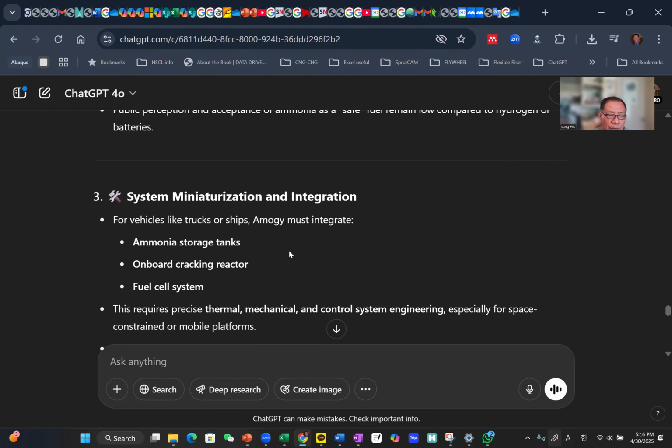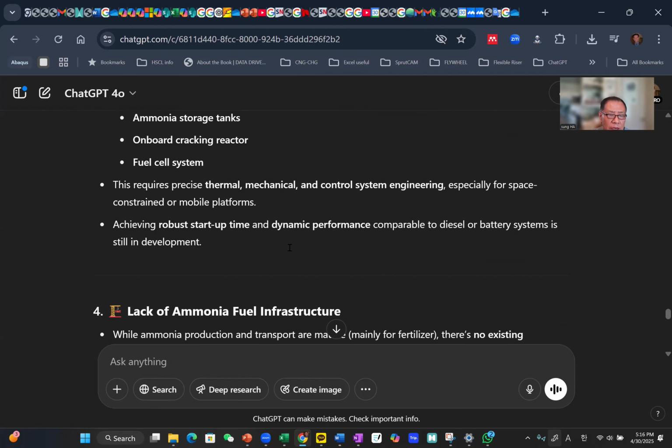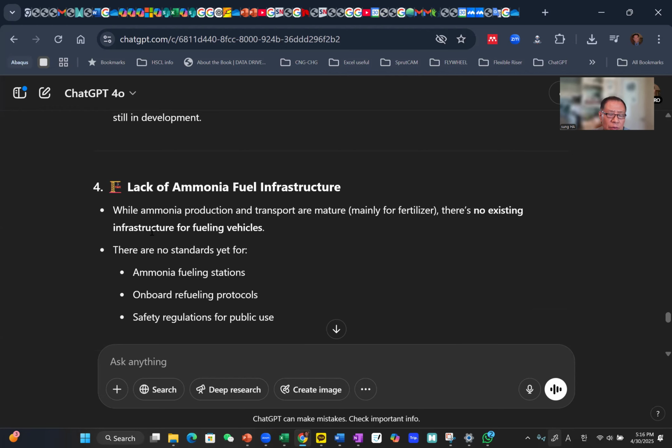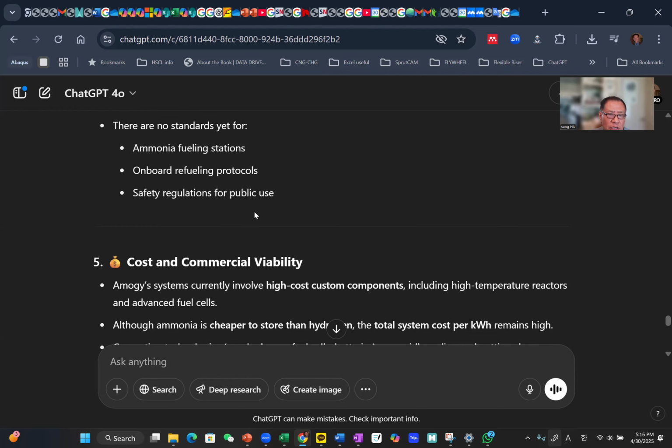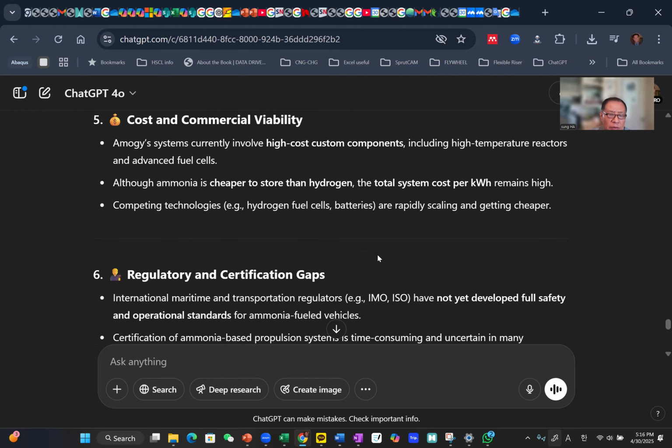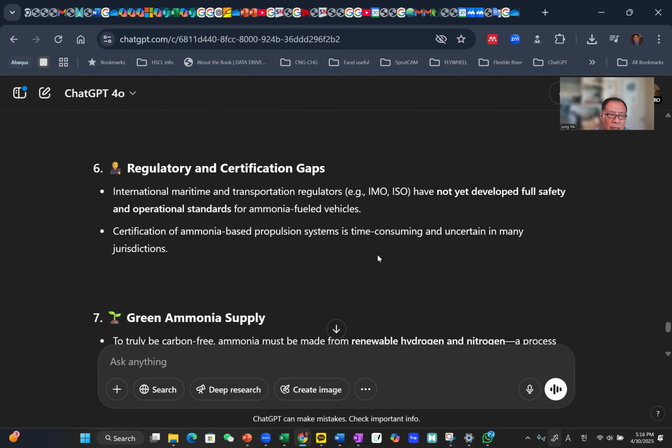And there are several other issues: lack of ammonia fuel infrastructure. Always, once a new technology comes out, the infrastructure has to be established, but it's at a very early stage. So we don't have enough infrastructure yet. And cost and commercial viability: Amogy's system currently involves high-cost custom components and so on.